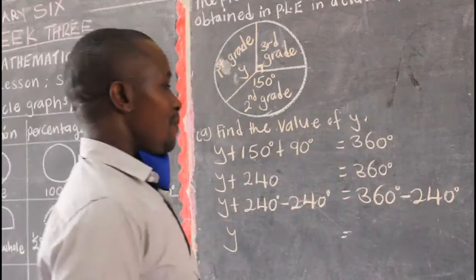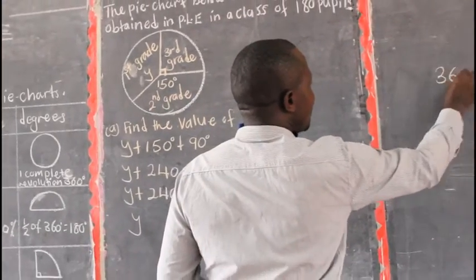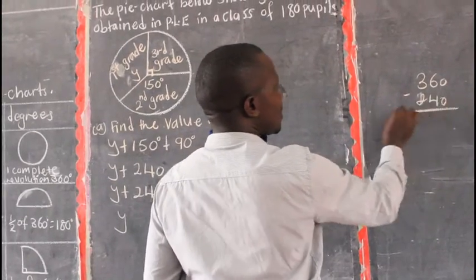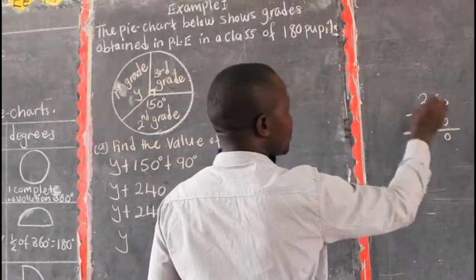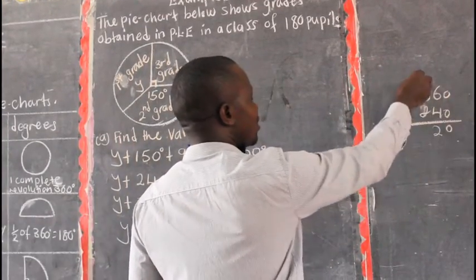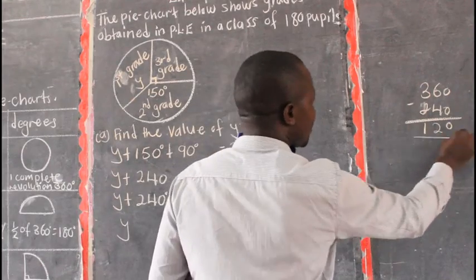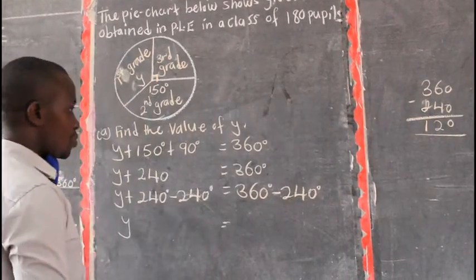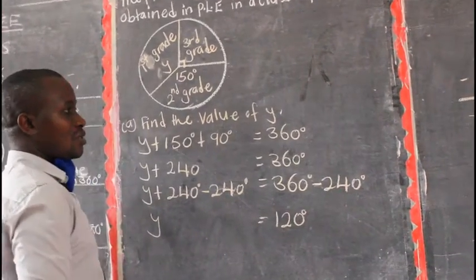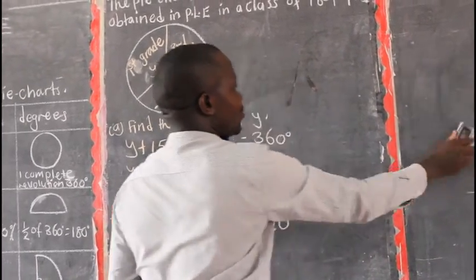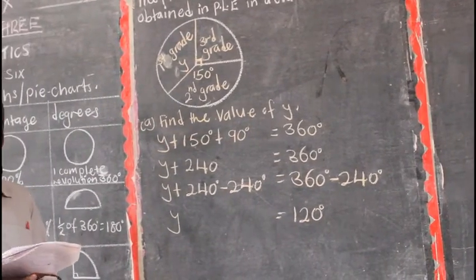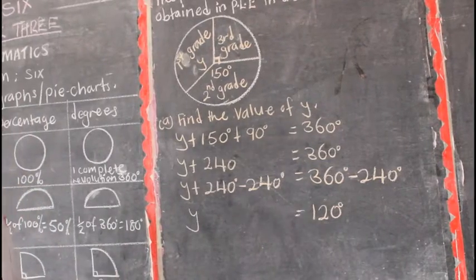Let's have a side work here. 0 minus 0 is 0. 6 minus 4 is 2. Then 3 minus 2 is 1. So you get 120 degrees. So y is equal to 120 degrees. The value of y is 120 degrees. Part B of the question says, how many pupils passed in first grade?